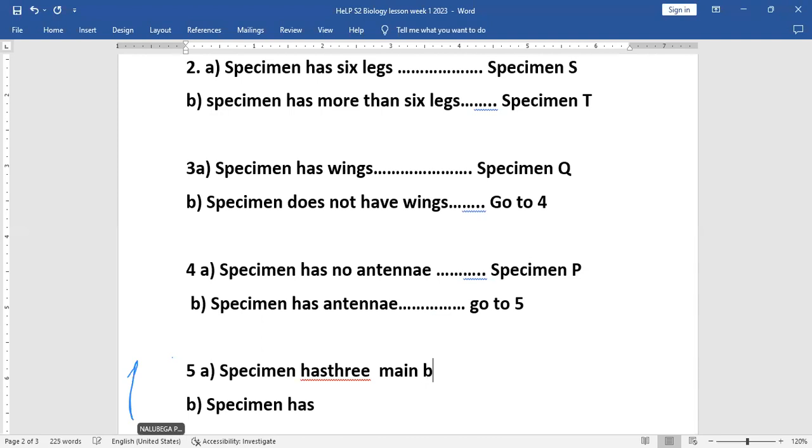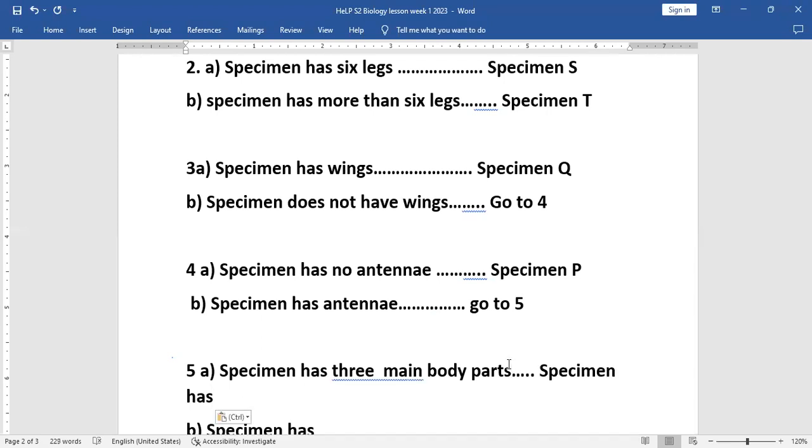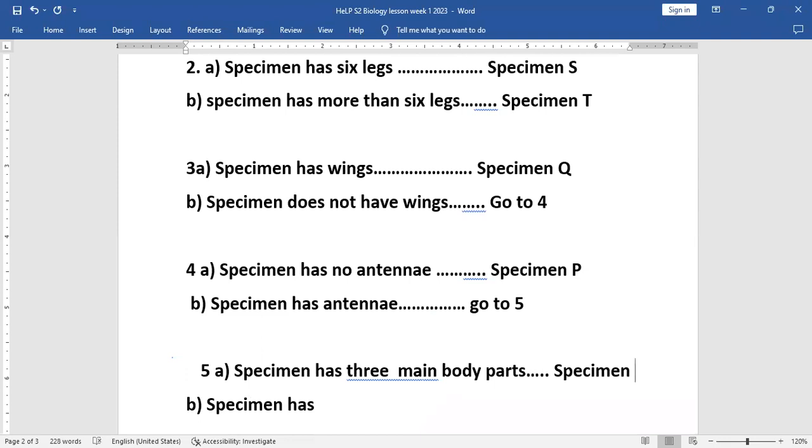Very good. Okay. Which specimen is that? Specimen R. That would be specimen R. Okay, beautiful.